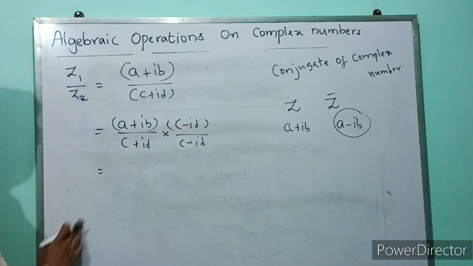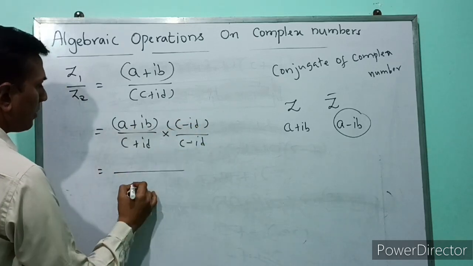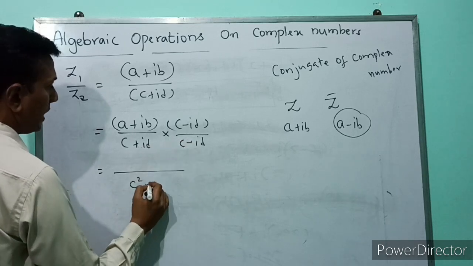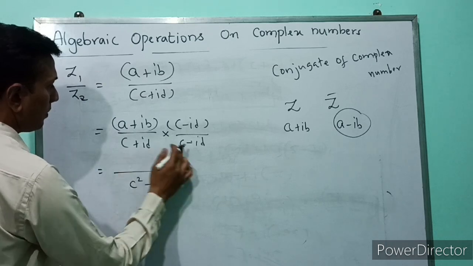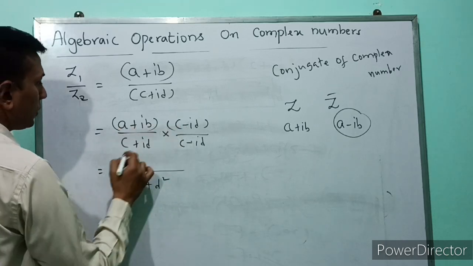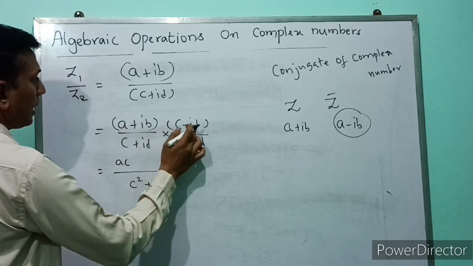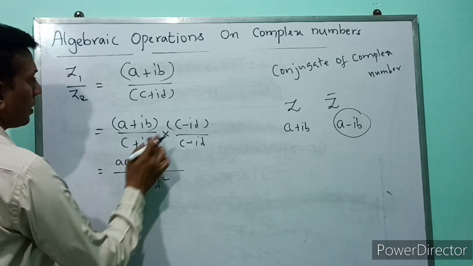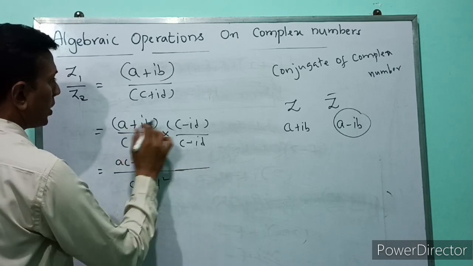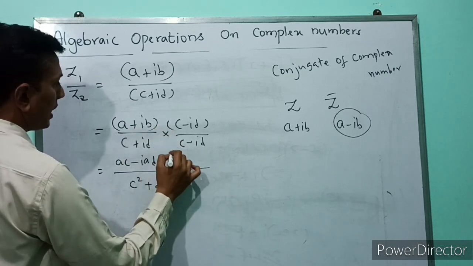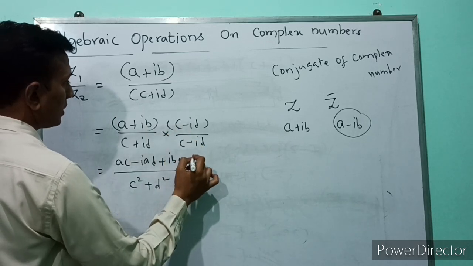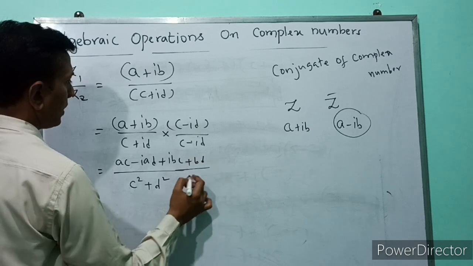So same multiplication, distributive property, but in the denominator you will get C square minus I square. I square is minus 1, so that will be plus 1. C square plus D square you will get. So A into C, AC, A into minus ID, minus IAD, IB into C, IBC, I square, minus 1 into minus 1, plus BD.